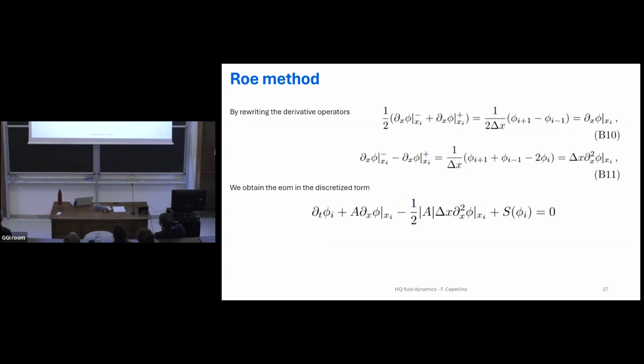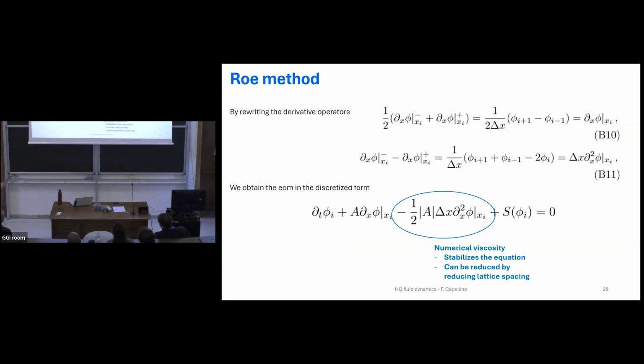And the important thing is at the end, when we look at the final form for the discretized equation, we get a sort of numerical viscosity that stabilizes the equation. So in this way, we kill the high frequency modes and our equations are stable. In principle, if these terms go to zero, we are solving the original equation.